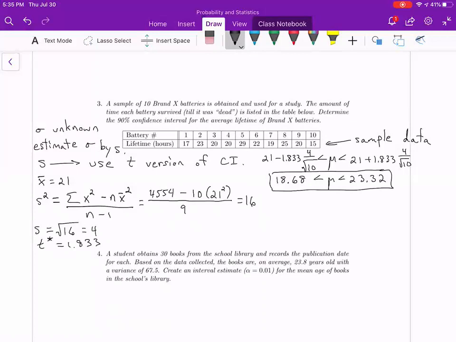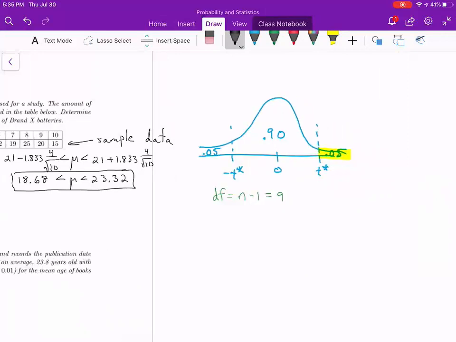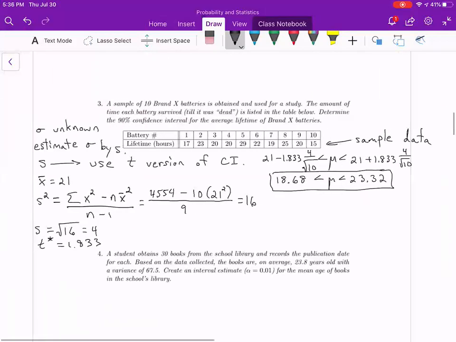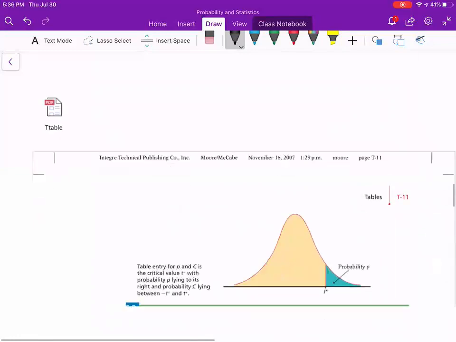Can you go back to where you drew the graph and stuff? Mm-hmm. This part? Yeah. So you look on column, wait, you look on the 9 on the, oh, you want the T table.